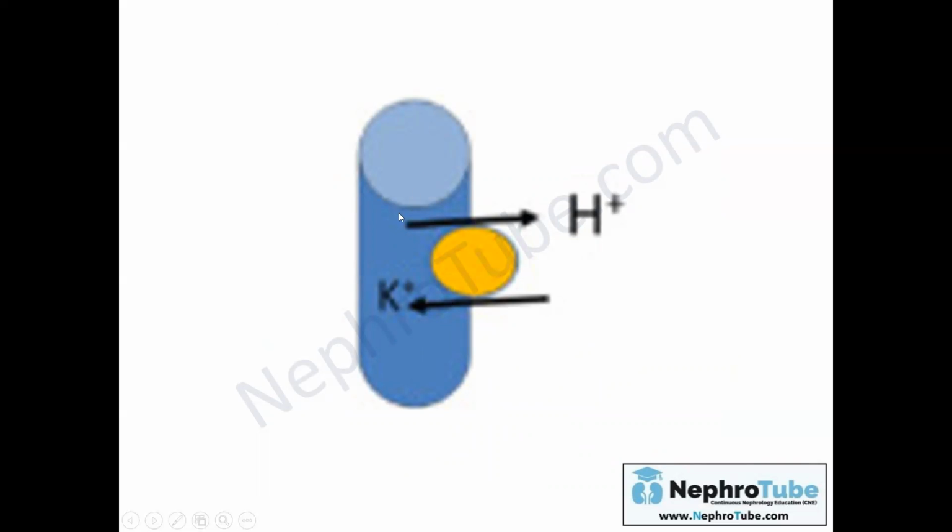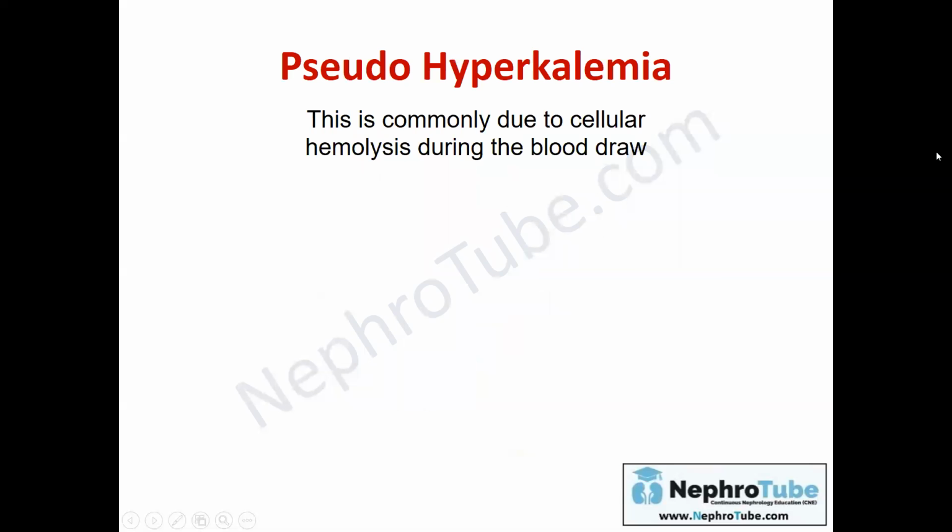Hydrogen moves from the extracellular space and the plasma into the cell in exchange with potassium, and potassium goes out to the extracellular space and the plasma, causing hyperkalemia. So acidosis will cause hyperkalemia. So correction of acidosis, as we will say later, will prevent this pathway and prevent more outflux of potassium out of the cell and prevent hyperkalemia.